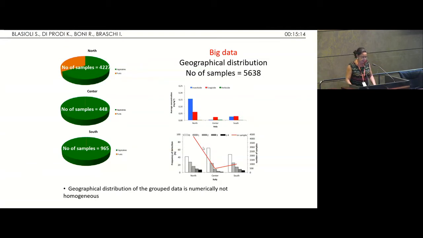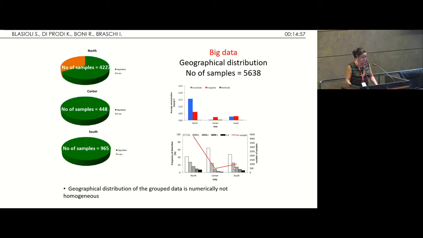In this picture, we can observe the number of active ingredients detected per sample in the grouped data from the north, center, and south.